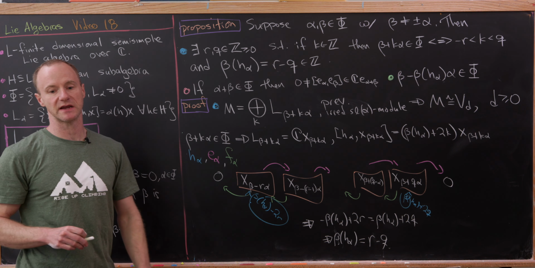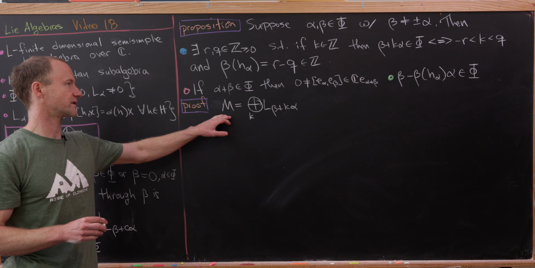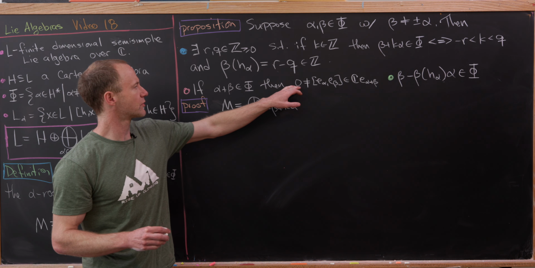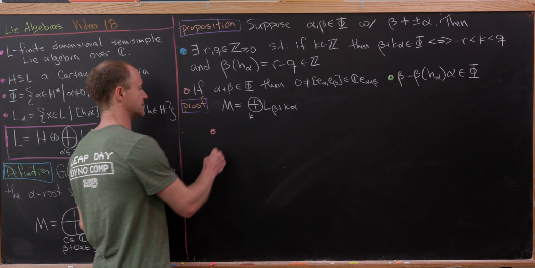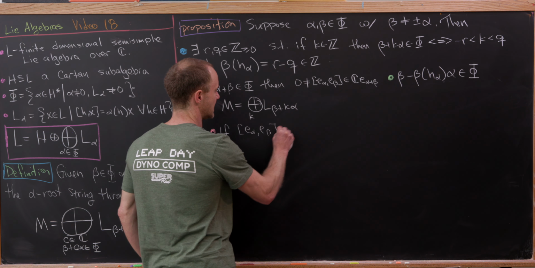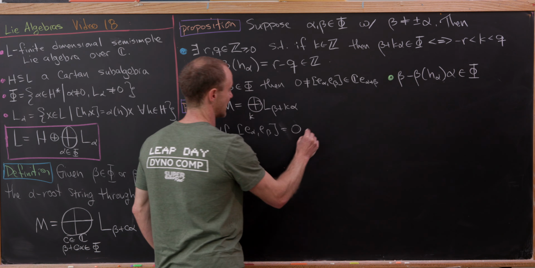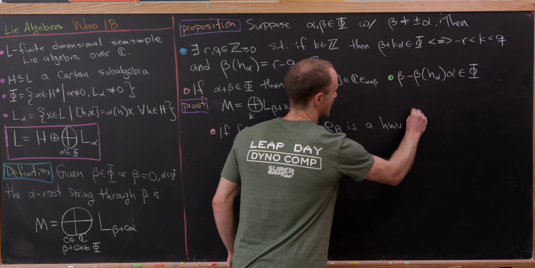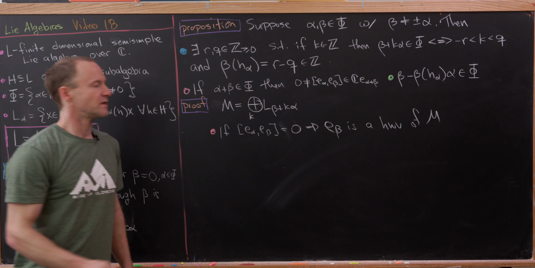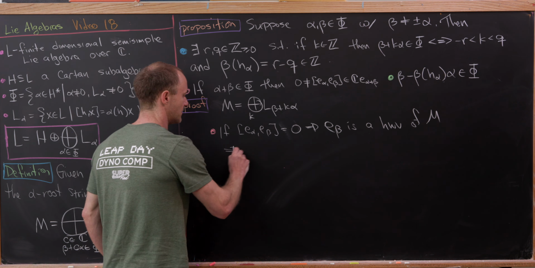Now let's move on to this pink dot. Okay, so we have our m up here just for reference. And so now we're going to prove this by contrapositive. So if the bracket of E alpha with E beta is 0, then what that tells us is that E beta is a highest weight vector of M. But if that's the highest weight vector for M, then L alpha plus beta is 0.